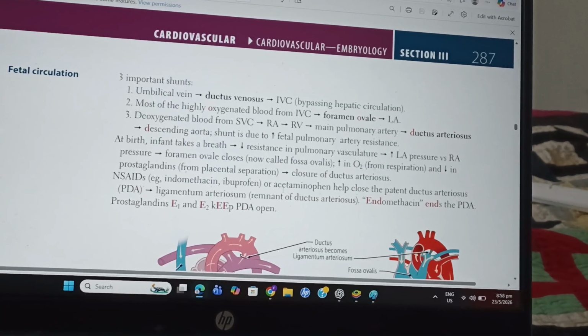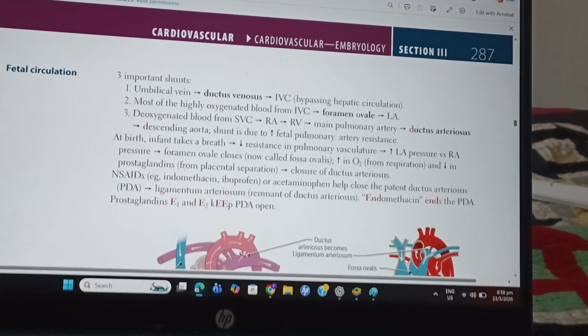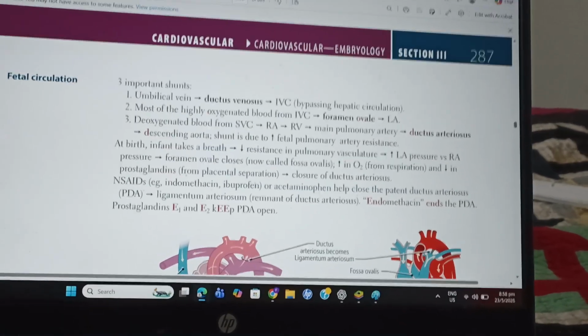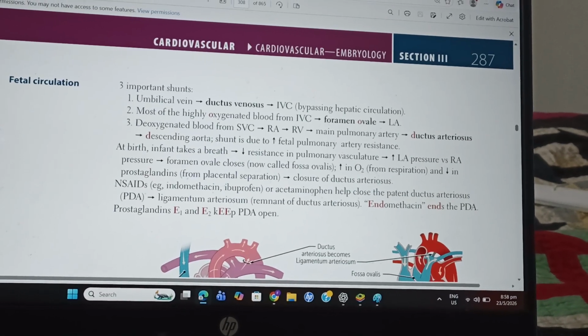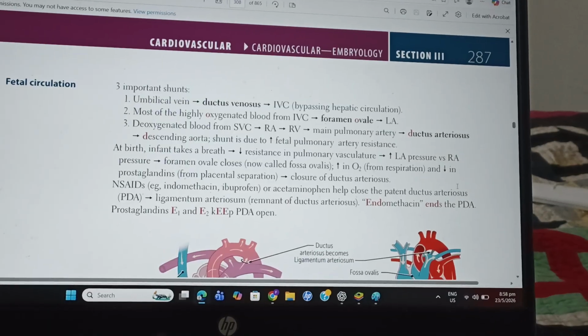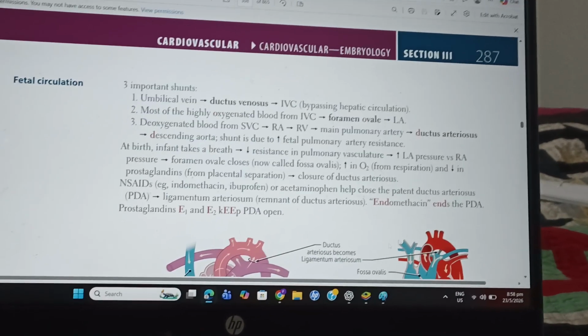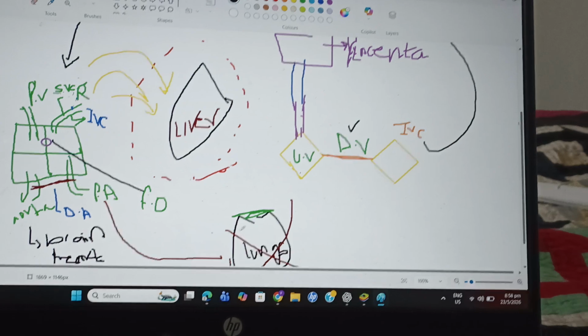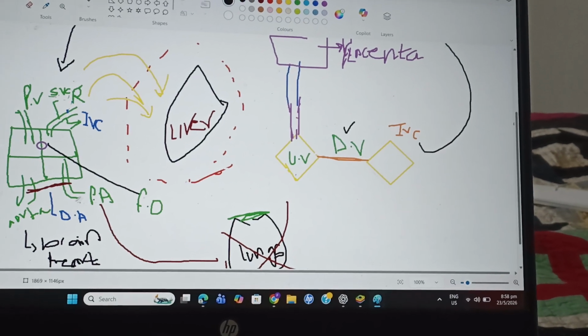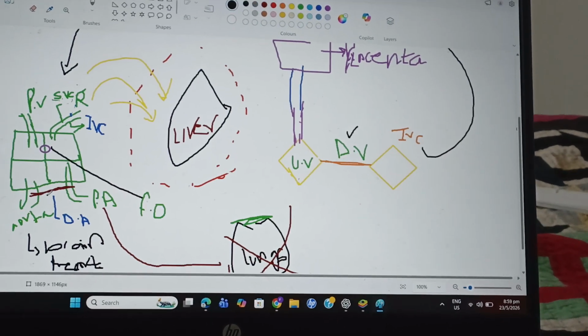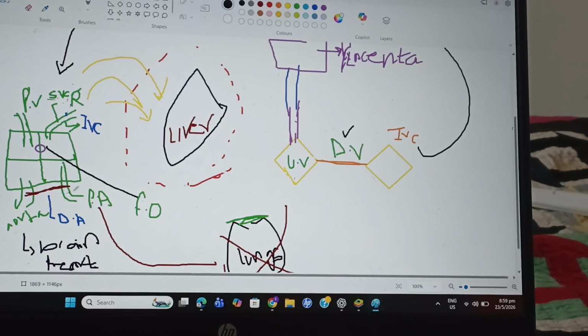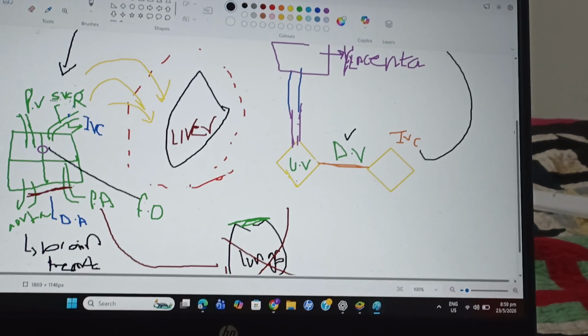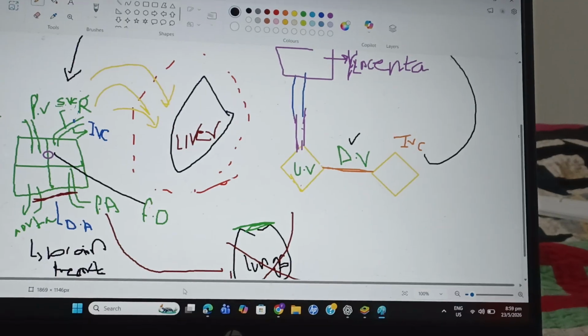These three drugs will close this patent ductus arteriosus, because after birth we need it to close, since we don't want this mixed blood to get into the body.